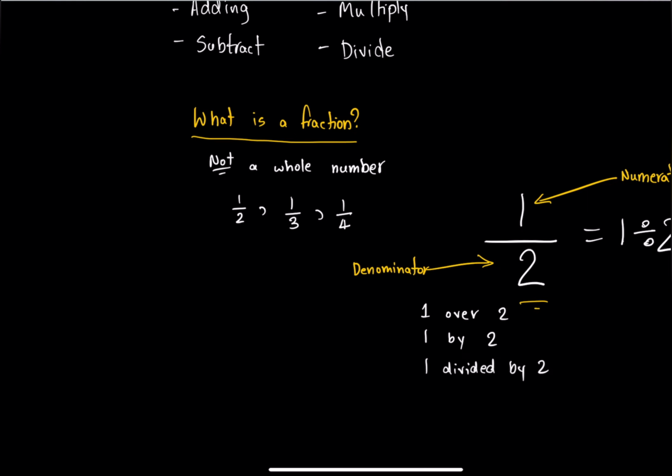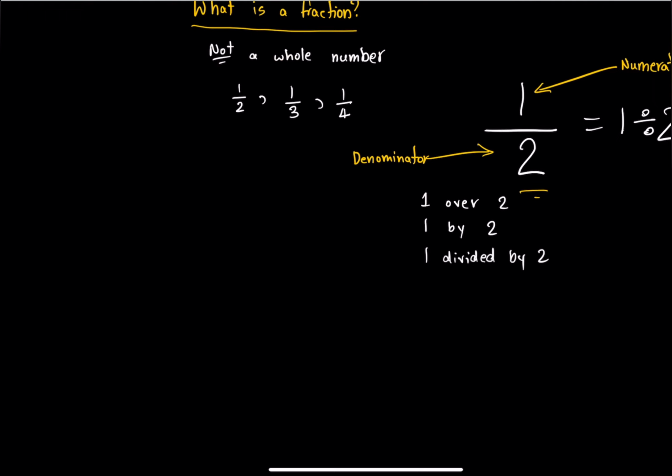So where would we use the fraction 1/2? Well, when you're dividing one thing in half, like one chocolate bar into two pieces. If you have one chocolate bar and you're dividing it amongst two friends, then you're using the fraction 1/2.